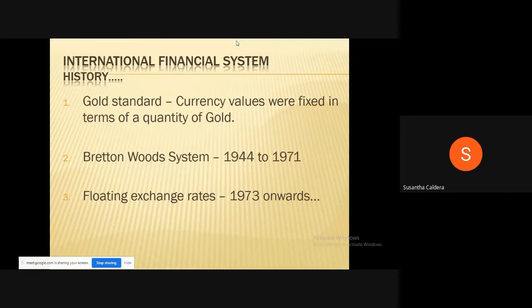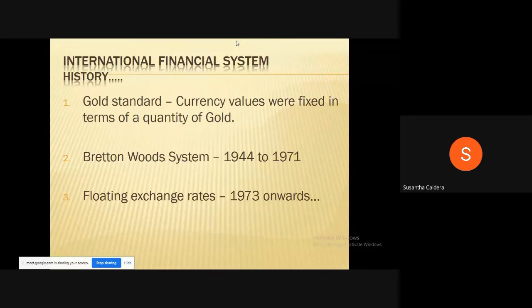Initially, under the gold standard, in 1945-46, that era, currency values were fixed in terms of a quantity of gold. We call it the gold standard, right? How much gold a country has. Based on that, they fix the value of the currency. Dollars, how much? What is your gold reserve? Sterling, how much? Indian rupees, how much? Based on their gold reserves. So a country has to keep its gold reserves separately.